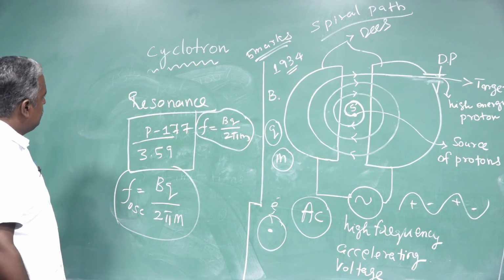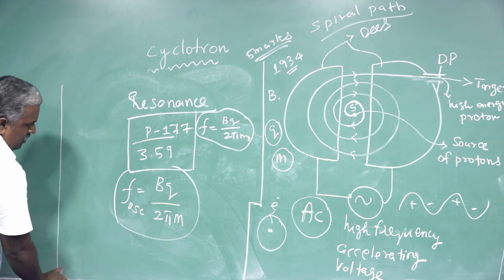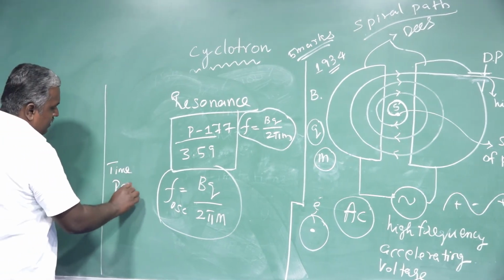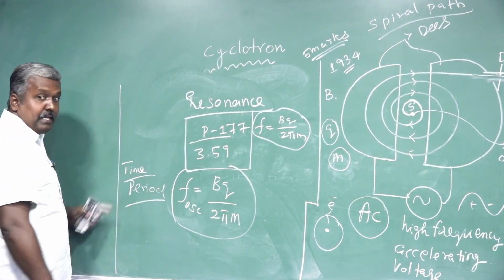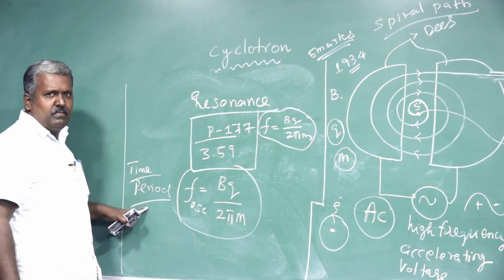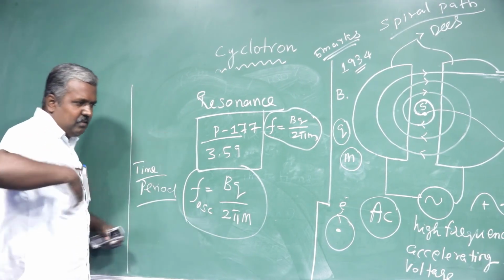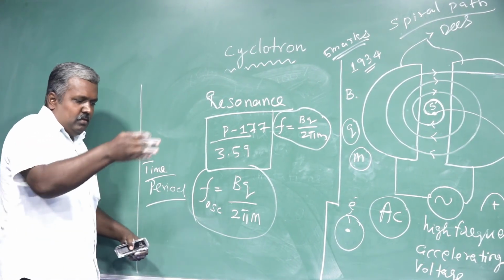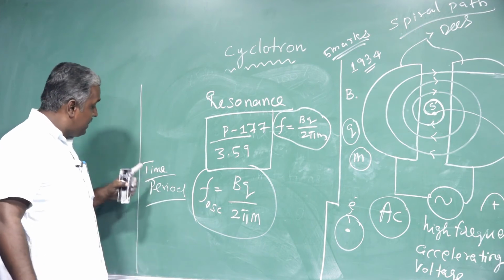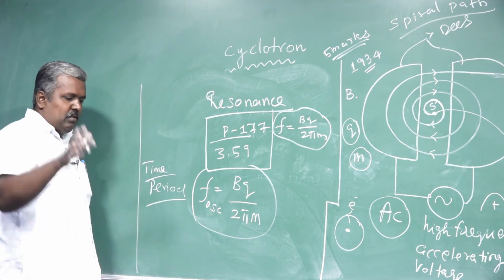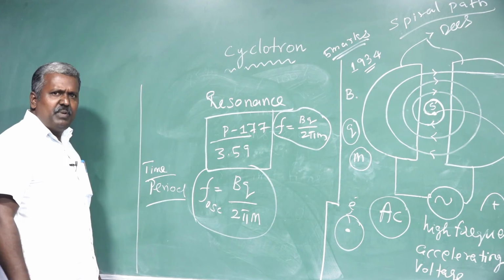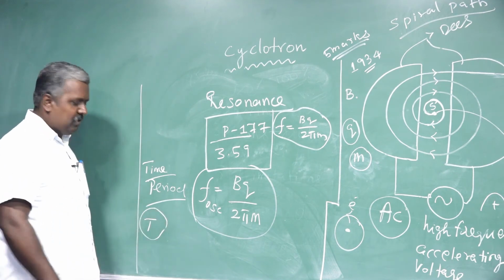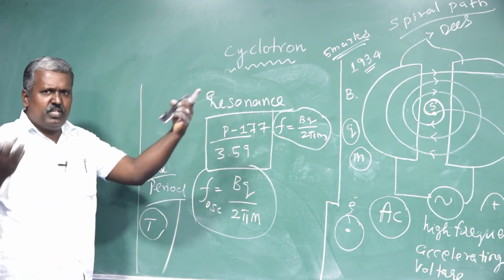Now, the time period of oscillation. It is simply denoted by capital T. How do you write it?